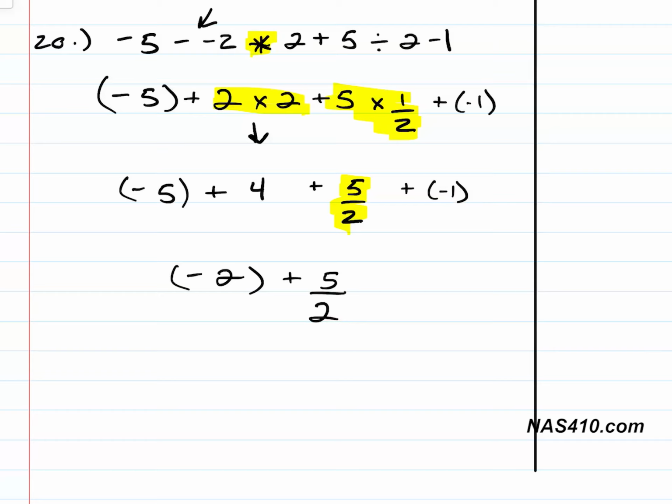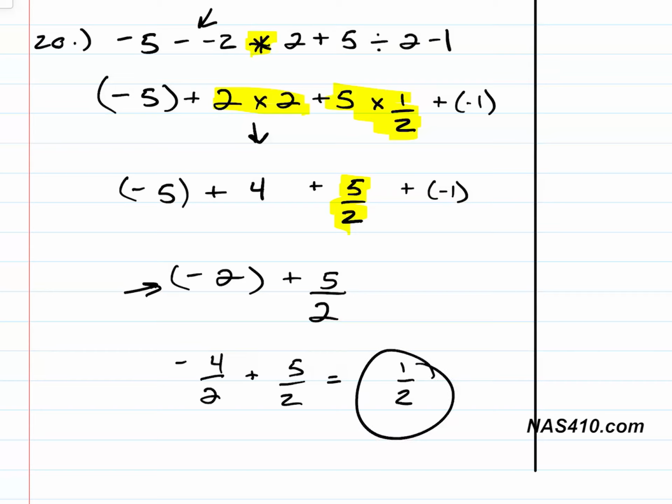Okay, and so for this final step, in order to be able to add this fraction with 2, I'm going to have to find a common denominator, and it's pretty simple to see that I could just turn this into 4/2 right here. And so what I'm going to say is I have -4/2 plus 5/2 equals 1/2.